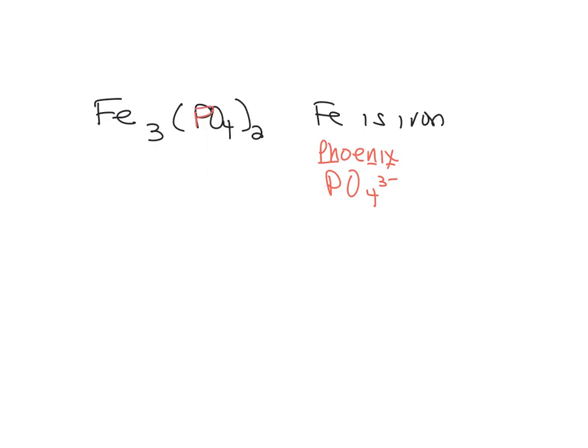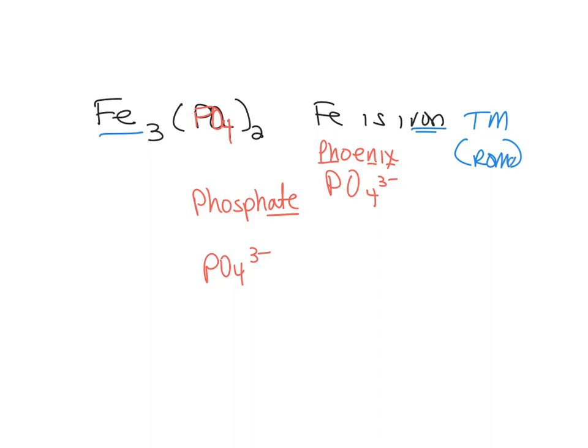So this is obviously phosphate. Phosphate has a 3 minus charge, so PO4 3 minus. And then iron, we don't know what the iron charge is. Iron is a transition metal, so I need a Roman numeral in the parentheses, and that's the charge.